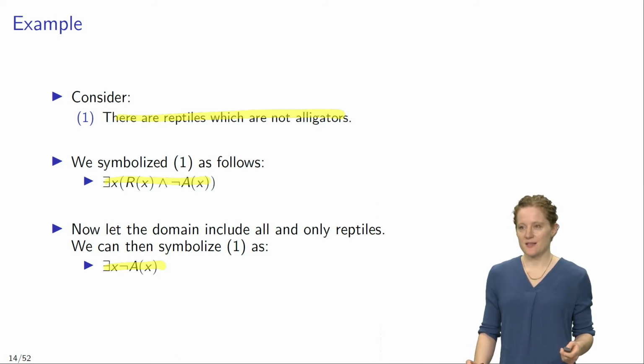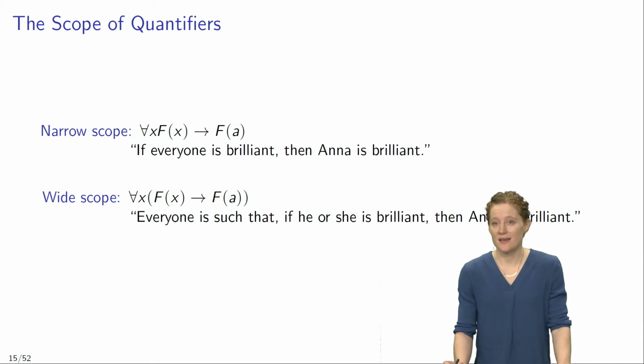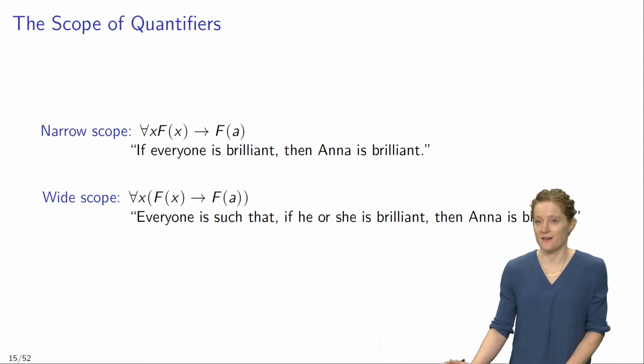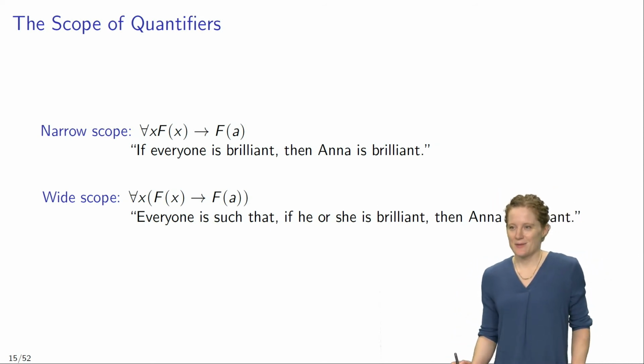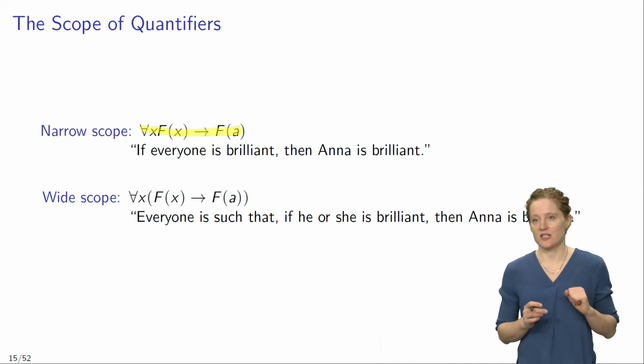Okay, that was the first caveat. Second caveat, it is often very important to pay attention to the scope of quantifiers. So what do we mean by the scope of a quantifier? In our first line here, the quantifier has narrow scope. So the scope of the quantifier only includes the antecedent of the conditional.